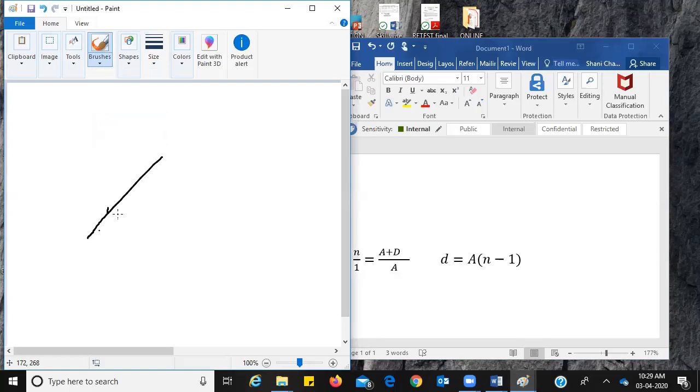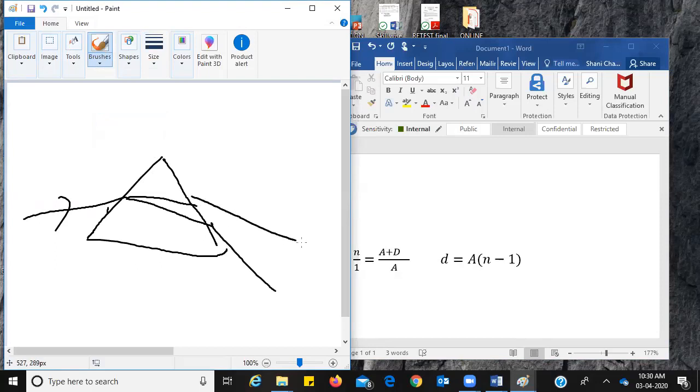If white light is falling on a prism, which color deviates more? Violet deviates more and red deviates less, because red has the greatest wavelength and violet has the least wavelength.